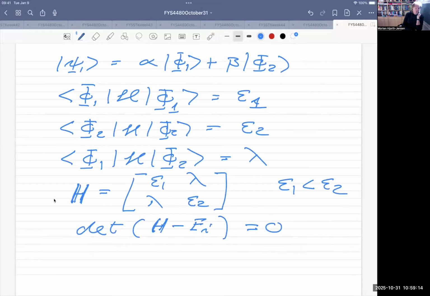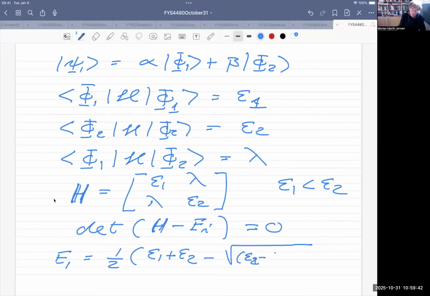Okay, so this is the problem which we have to solve. And this simply gives us, for the lowest energy, an E1 here, which is now simply given by 1/2, and then I have epsilon 1 plus epsilon 2 here. And then I have a minus, and then I have my square root. And in the square root, I can either have epsilon 2 minus epsilon 1, or epsilon 1 minus epsilon 2.